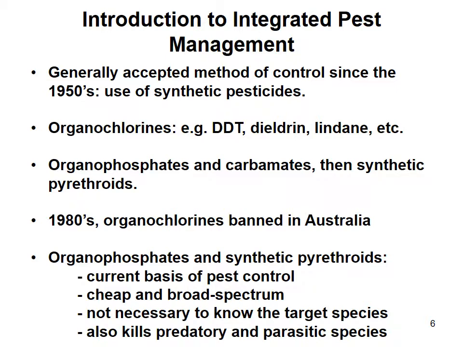So let's just sum up the use of organophosphates and synthetic pyrethroids here. They're the current basis of pest control. They're cheap, they're broad spectrum, so it's not necessary to know the target species, but they also kill predatory and parasitic species.